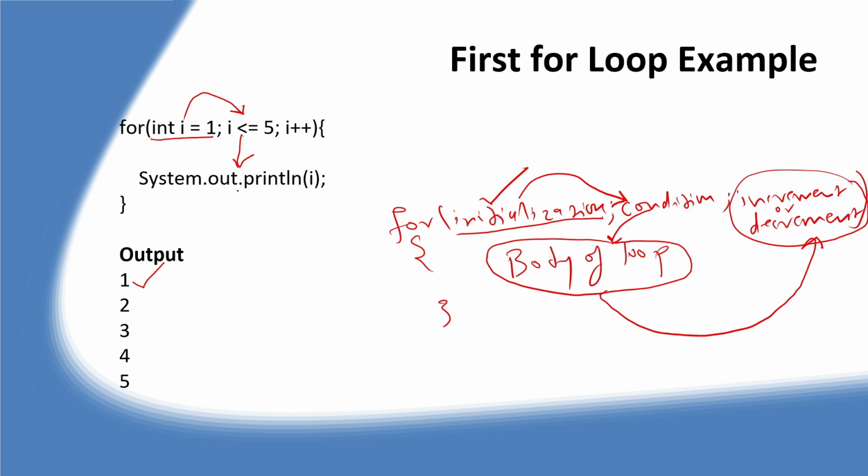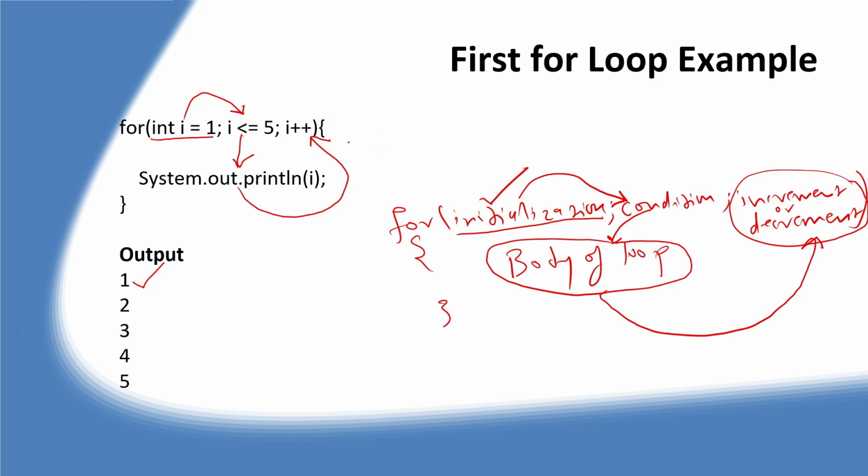After execution of body, it will go to increment or decrement. So in this example, it is increment. I plus plus means it will increase the value of I by 1. So current value of I is 1. It will increase to 2. Now the value of I is 2 after increment.